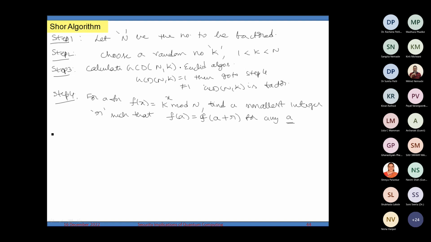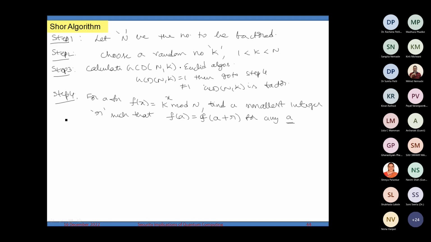We need to solve this particular step: for the function f of x equal to k power x mod n, find the smallest integer r such that f of a equals f of a plus r.